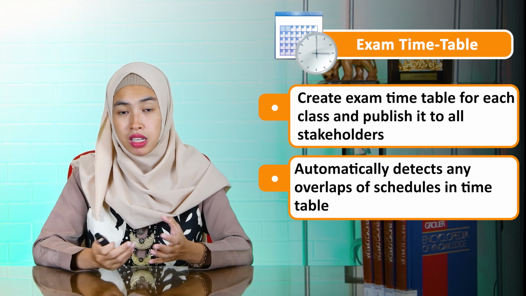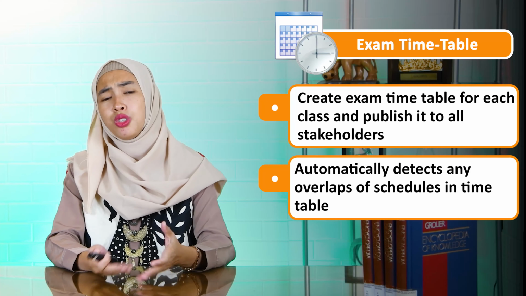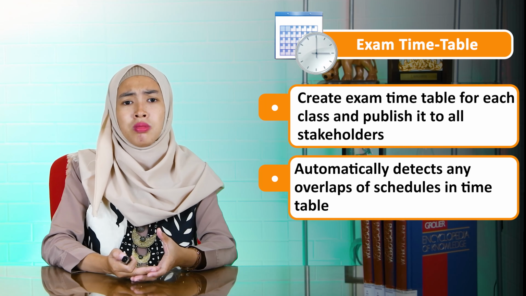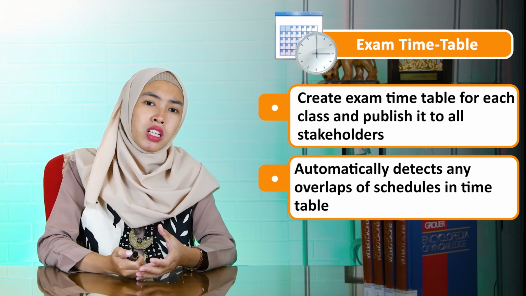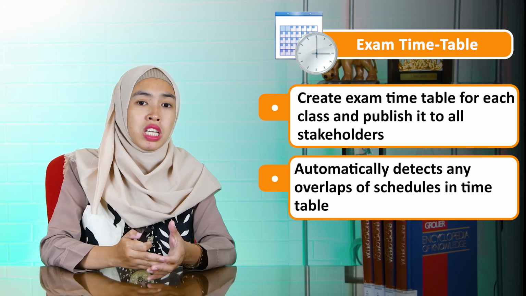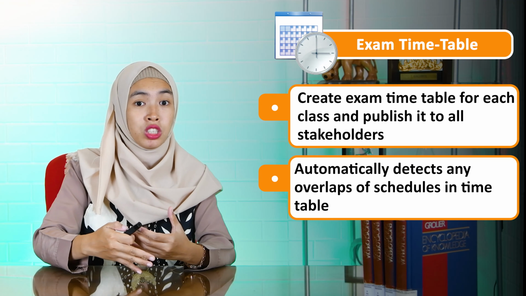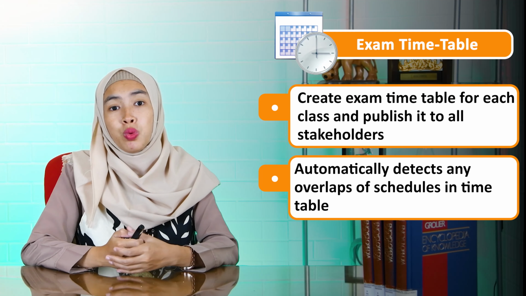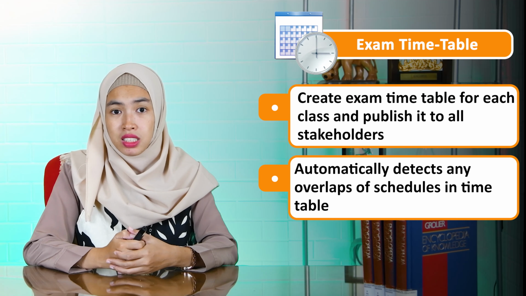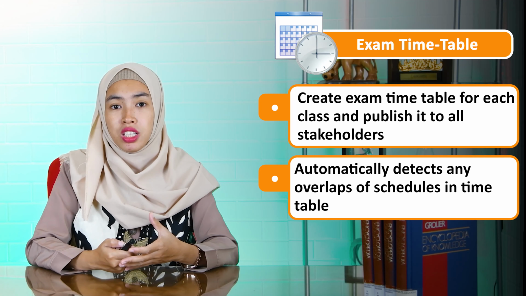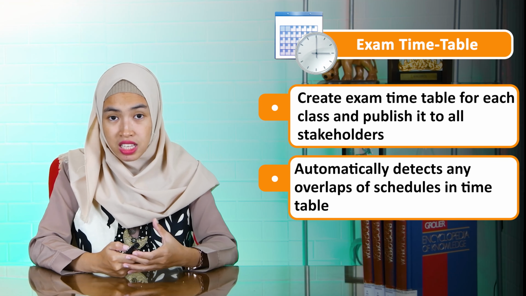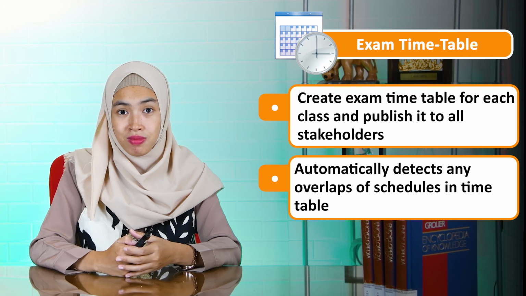For example, if you use the manual student management, it's very difficult to identify whether or not, for example, on the next Monday, you will have two subjects that require you to have final exam at the same time.